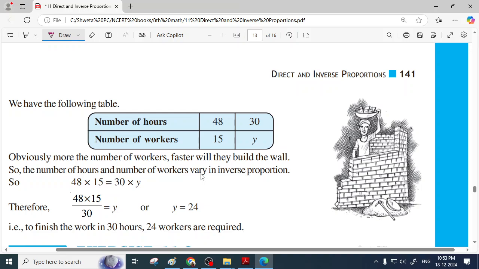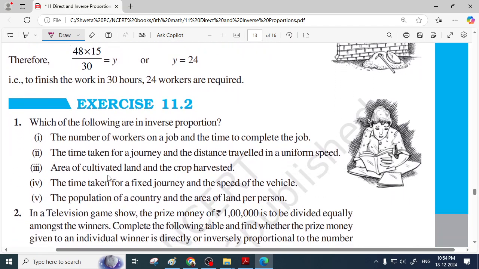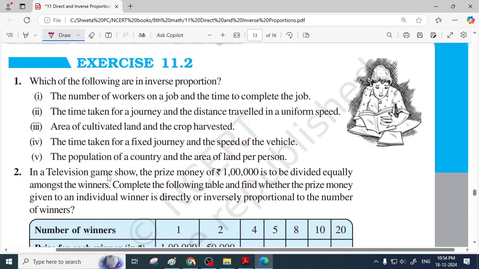So we write this in column form: number of hours and number of workers. As the time decreases, the number of workers must be more than 15. So it is an example of inverse variation. So product is constant. So similarly we can solve the questions in exercise 11.2.